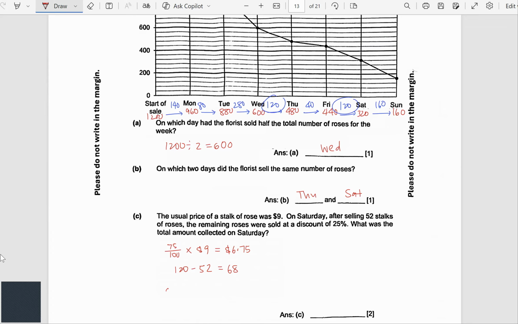Okay, so we have 68 at discounted, and we have 52 at full price. So 459 and 468, add them together. $927. Okay, so answer $927.